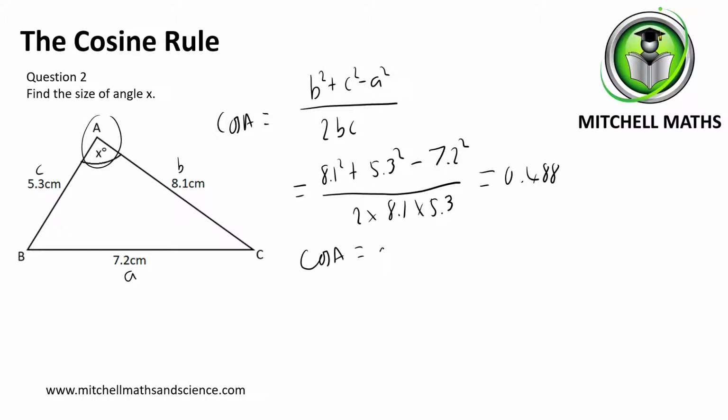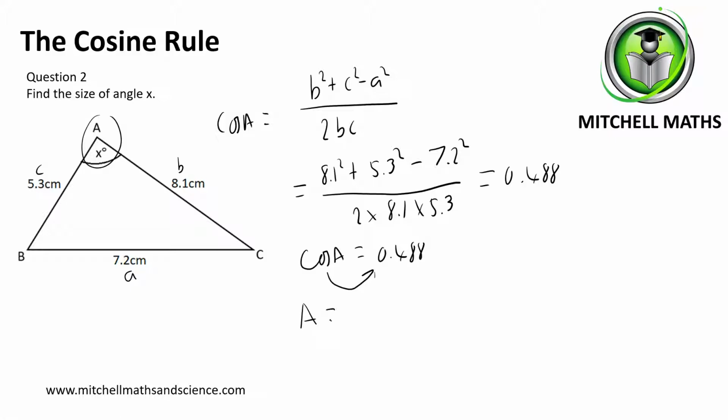Cos A equals 0.488. But we want to find what angle A is. And if we're going to do that, we're going to need to separate the cos from that. And the way we separate cos from an angle or sine from an angle is we take the inverse. So to take it to the opposite side, we need to do inverse cos, which you can find on your calculator by pressing shift and then the cos button.